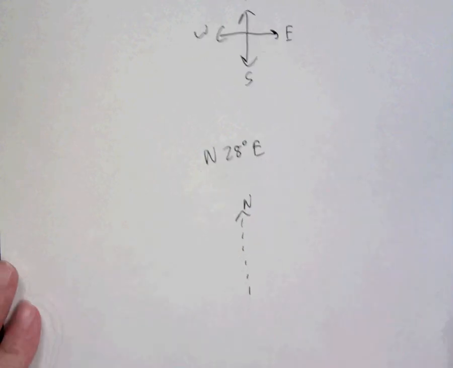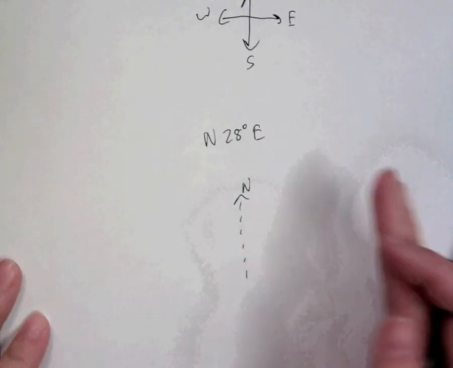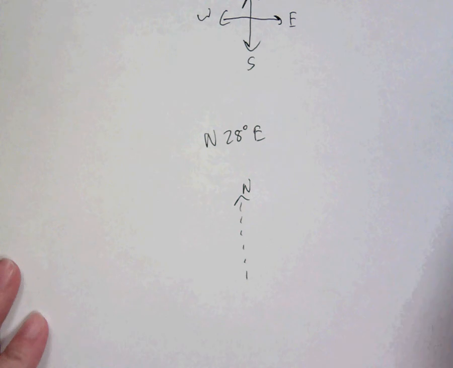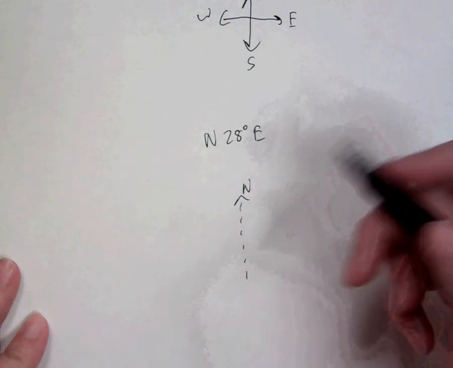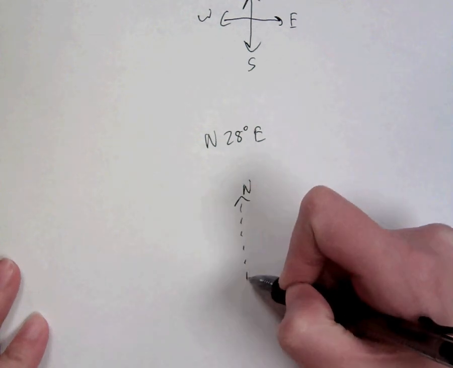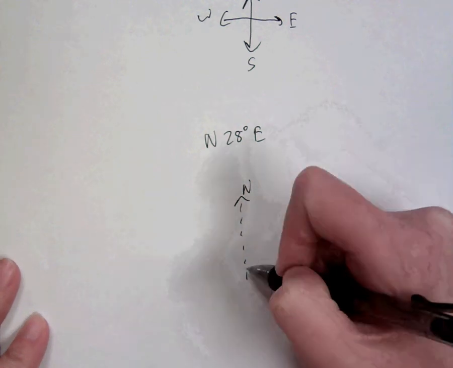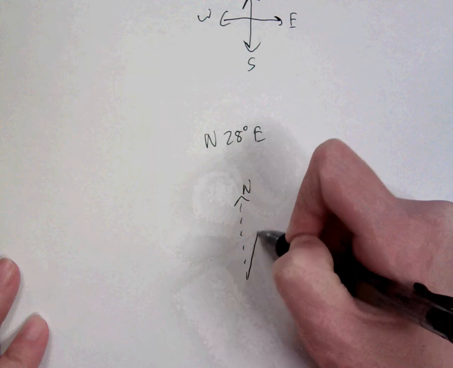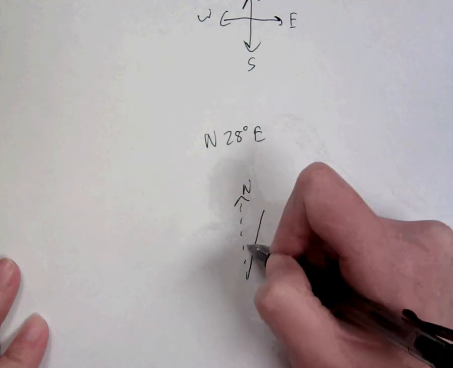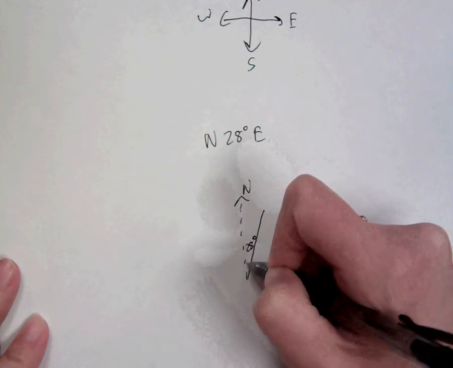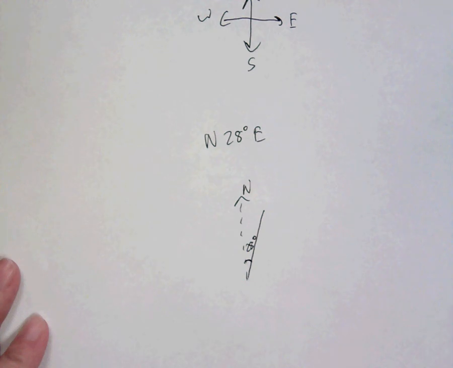Then from that line of north, we go east 28 degrees. Think about it: straight out to the east would be 90, halfway would be 45. So northeast 28 degrees might be something like this, and this angle is 28 degrees.